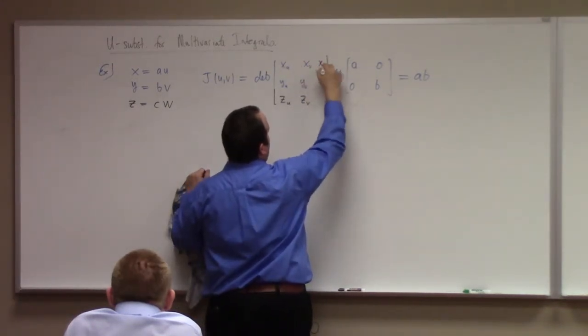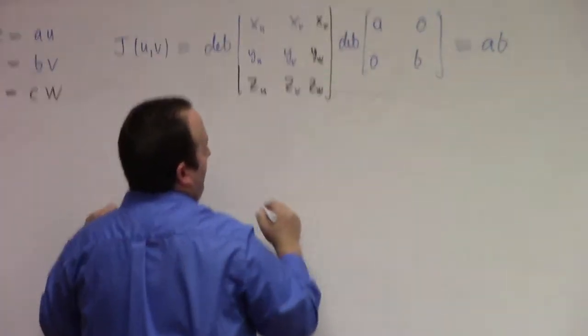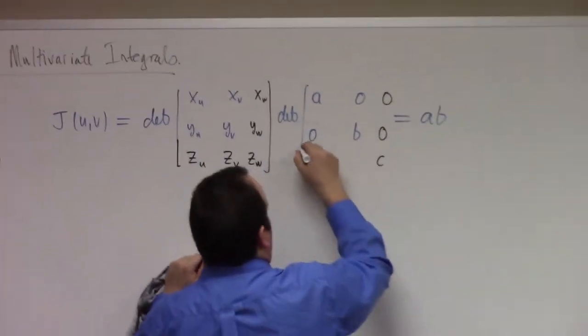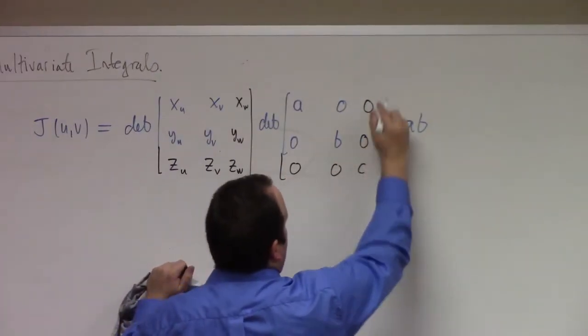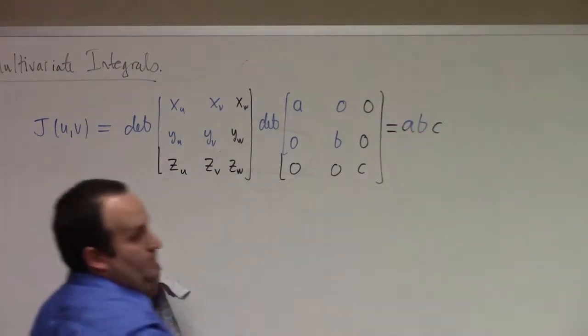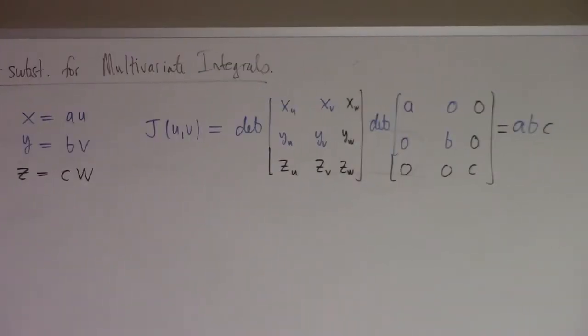Let's see, u, v, I guess we'll do w. It's one of my favorite examples. It's nice and simple, but it illustrates the method. So this would be the Jacobian of this transformation on R3. It's just a rescaling of each coordinate, right?